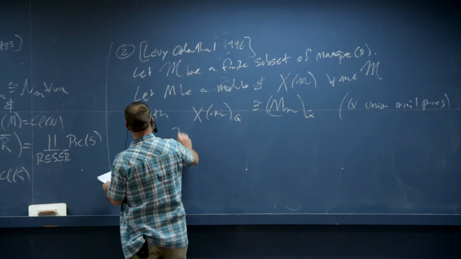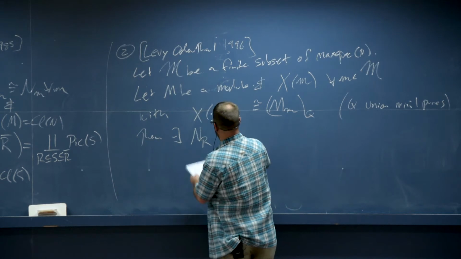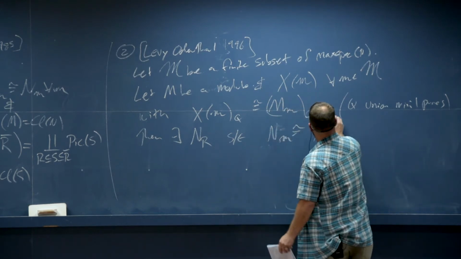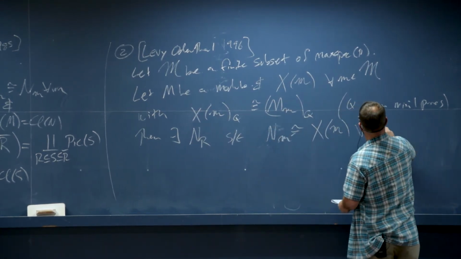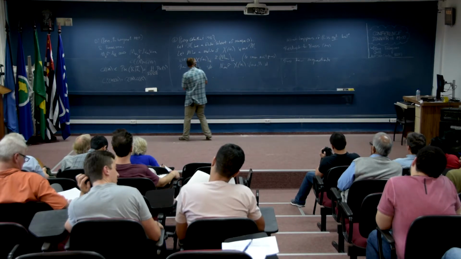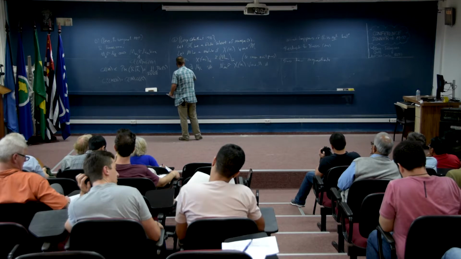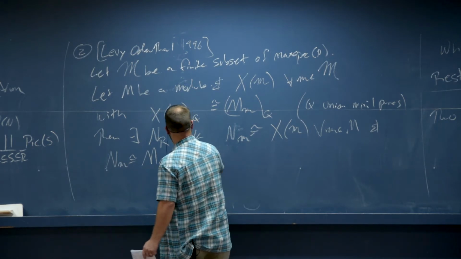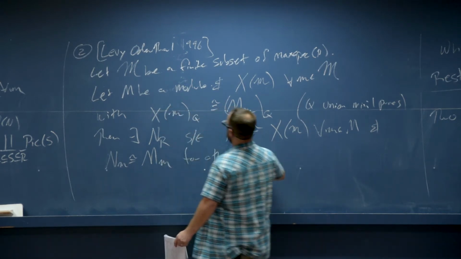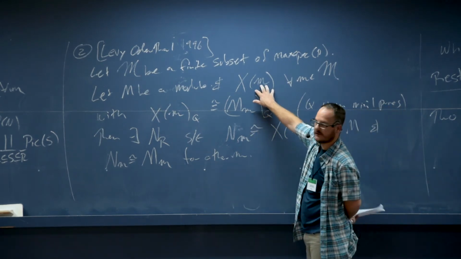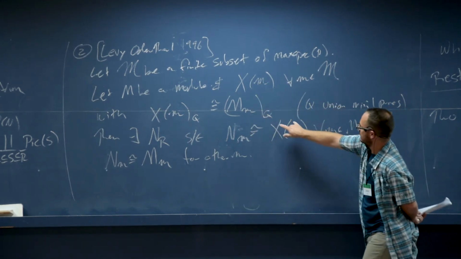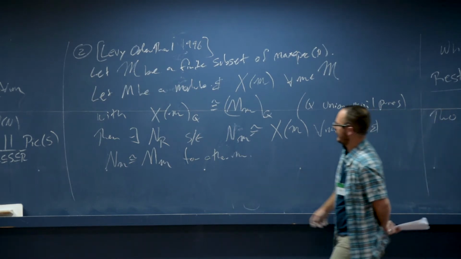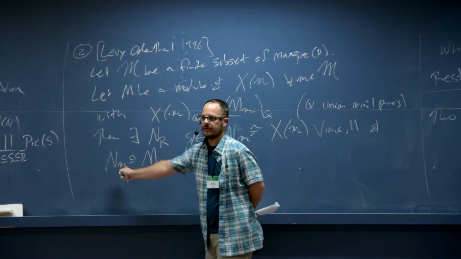Then there exists some module N such that N localized at M is isomorphic to this family of X's for all M in script M, and the localizations are isomorphic to M for all other M. So you can pick a family of modules that at least locally are isomorphic to M, and then you can pull back to these local rings.